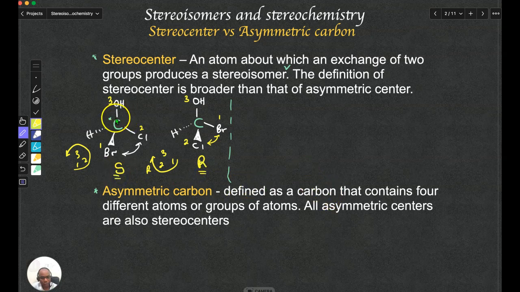This carbon right here then qualifies to be called a stereocenter because exchanging two groups produces stereoisomers, in RS in this case. Now, what if you are given an alkene that looks like this?